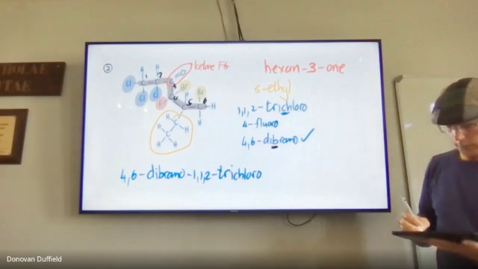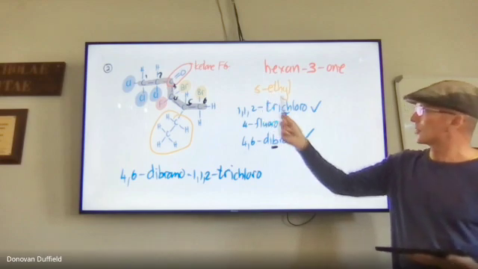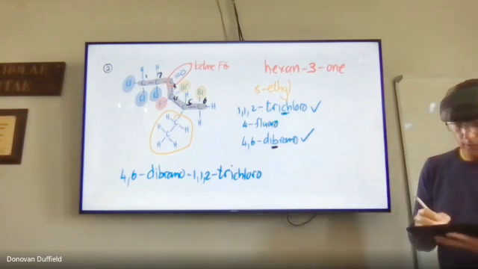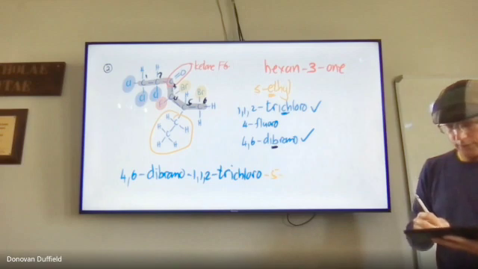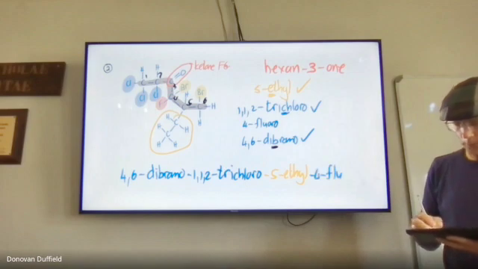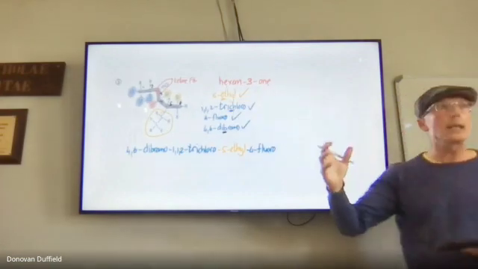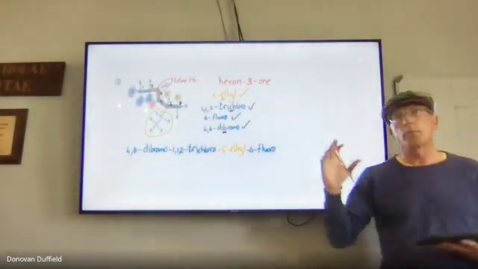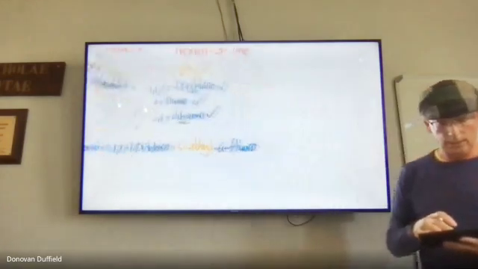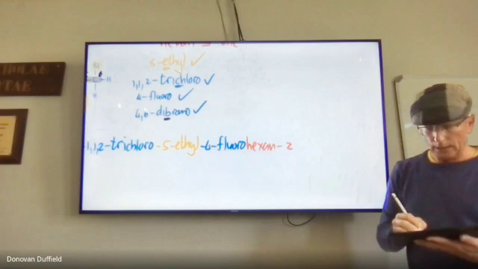So we've done bromo and chloro. Then comes the ethyl because that's an E. So this is 5-ethyl. And then we've got the 4-fluoro. And then at the end, we have the main backbone, the main part of the molecule, and that's going to be hexan-3-one.